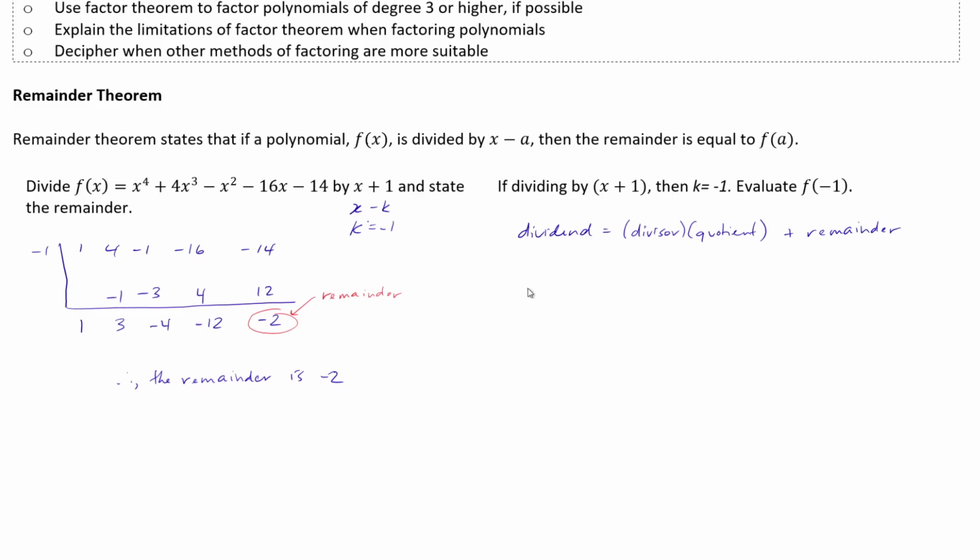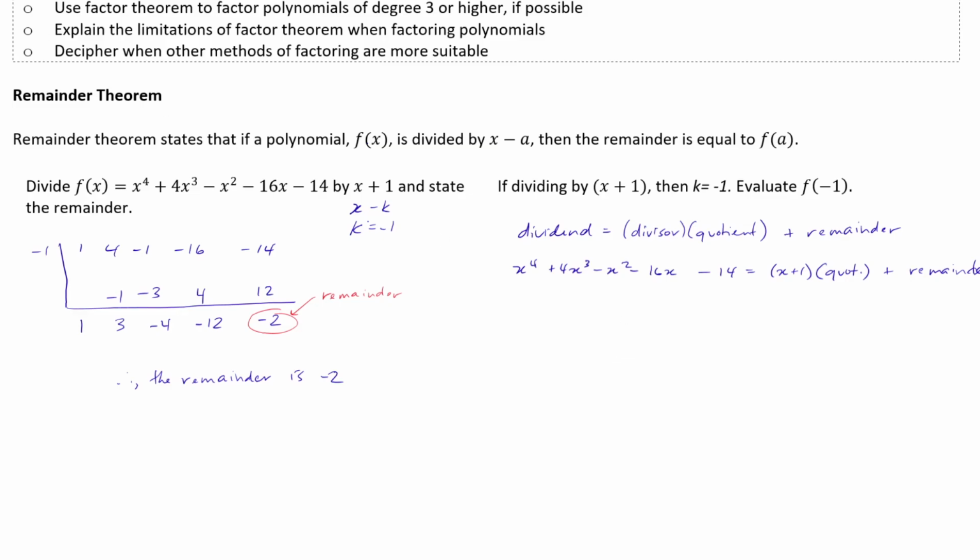Okay, so if my dividend here is x to the power 4 plus 4x cubed minus x squared minus 16x minus 14, and that's equal to x plus 1 times some quotient, which I don't know, plus remainder, which I know what it is, but let's just say that I don't know it right now.